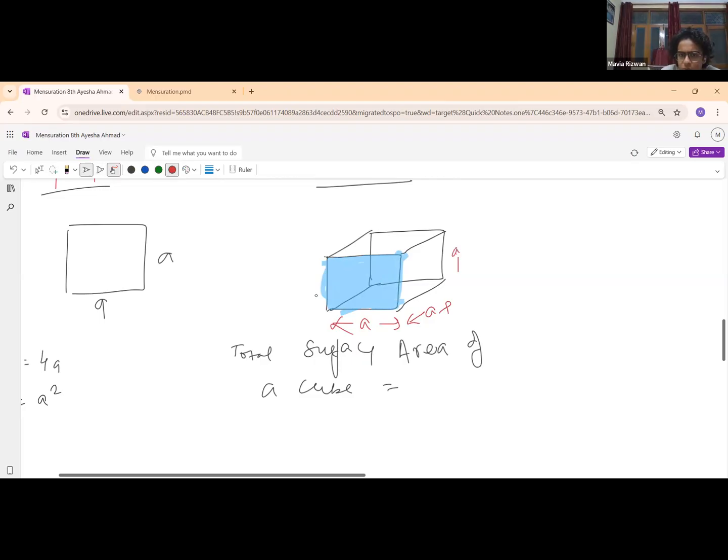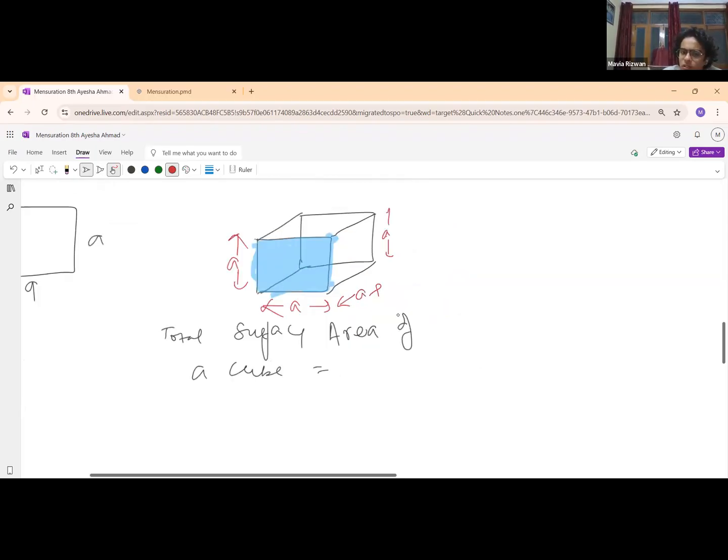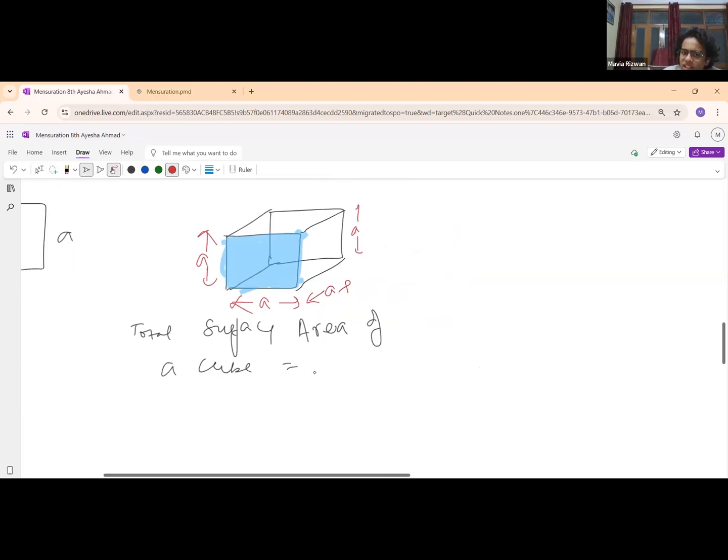Means if this is a, so this would also be a, right? So this is a square. What would be the area of this square? Only the square area, normal area. a into a, that is a square. Got it, Aisha?